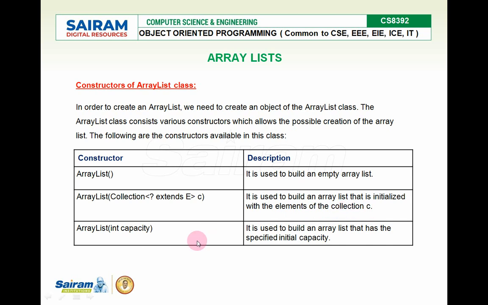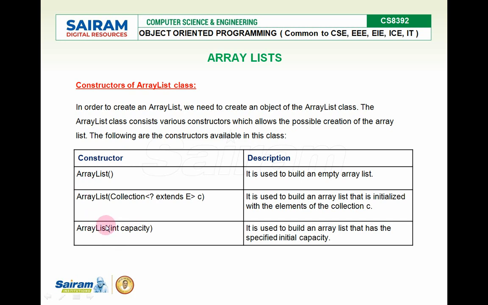And the third constructor is array list int capacity. It represents how many elements initially you have, like what we generally do with an array. Similarly here we say what the size of the array is at the beginning, which is called the capacity. So with this, you can initialize an empty list, a list with the collection elements, and an array list with a specified size. Those are the constructors.